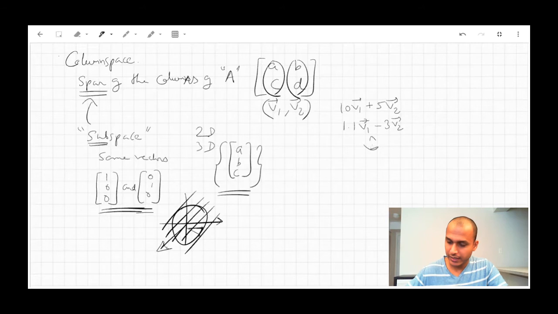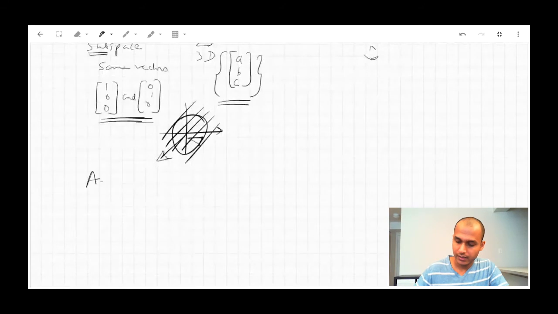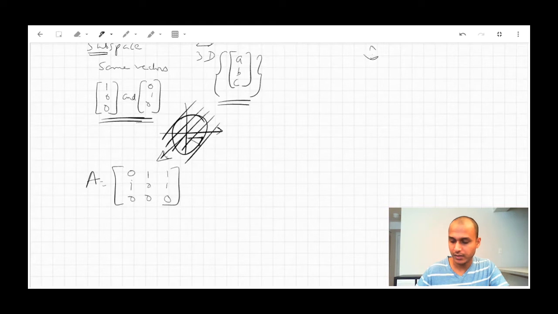Okay, so let's say we have a column space of A. Let's look at a 3-dimensional example. Let's say A is something like this: 0 1 0, 1 0 0, and maybe 1 1 0. So this is a 3-dimensional transformation. It's taking input vectors which are 3-dimensional and outputting vectors which are 3-dimensional, right?